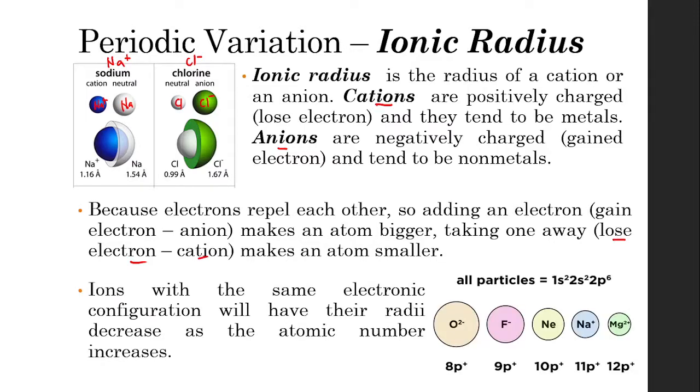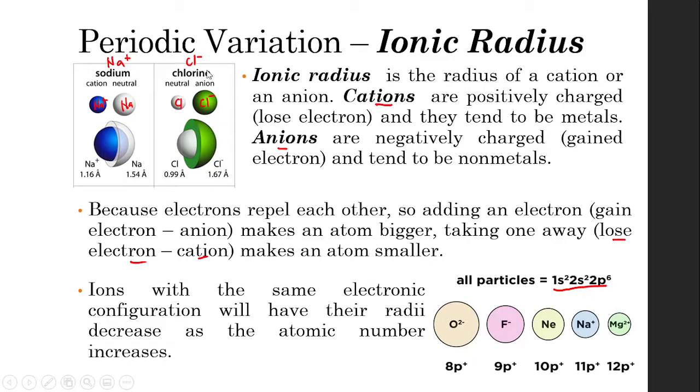Also, ions with the same electronic configuration, so for example, all the particles here have this same electronic configuration, the radii would actually decrease as their atomic number increases. But that's not important. For now, what I want you guys to remember is this pattern right here.